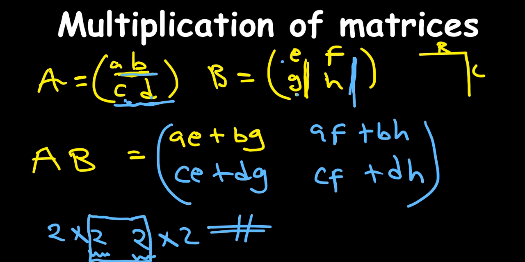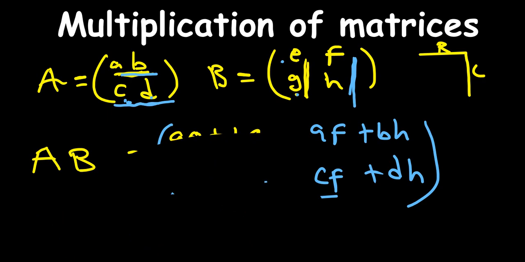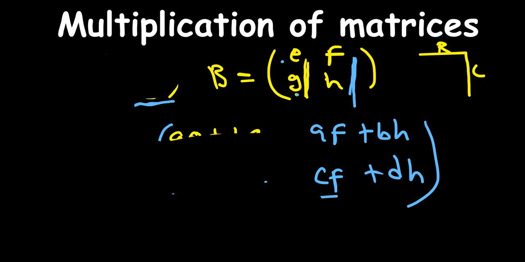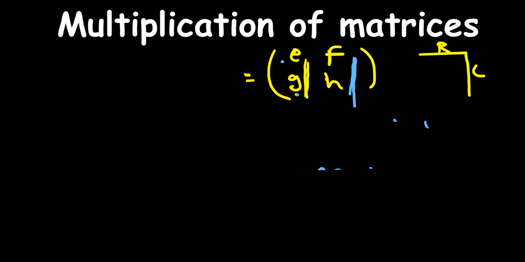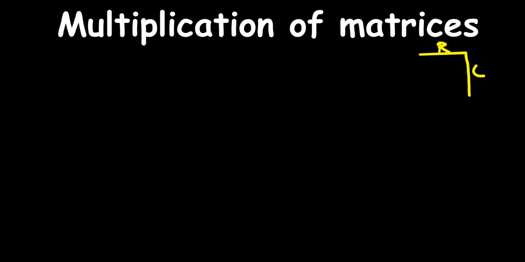Okay, and then the new matrix that you are going to get will be of the order 2 multiplied by 2, and we see that it's still a 2 by 2 here, right? Okay, so let me give a specific example with different rows and number of columns. So multiplication of matrices.